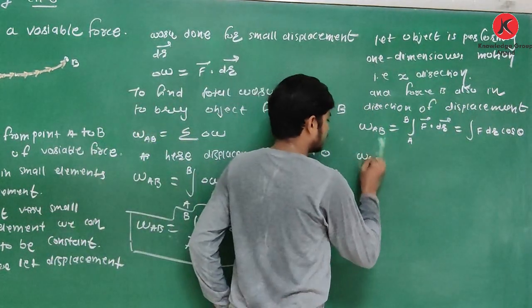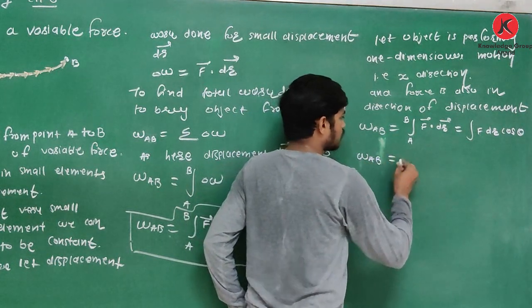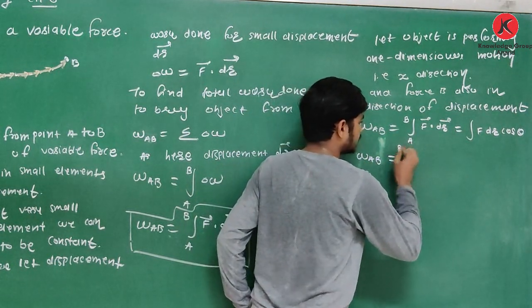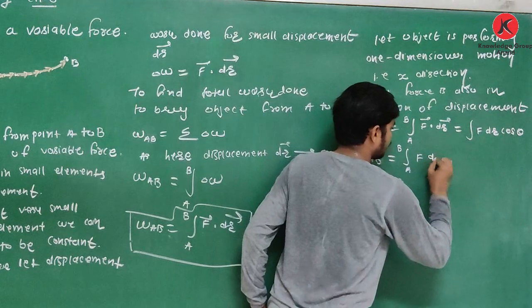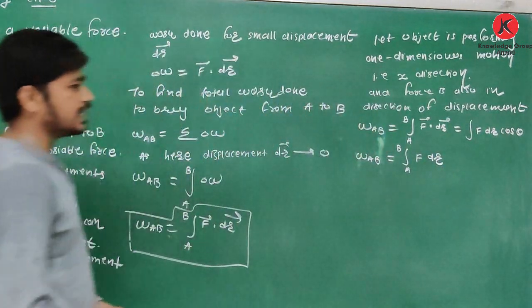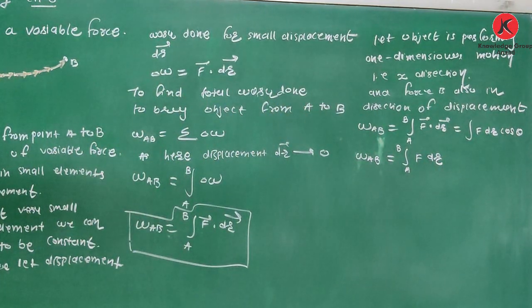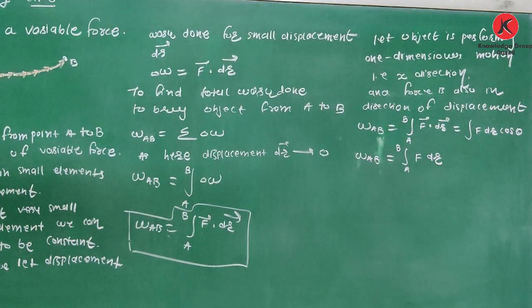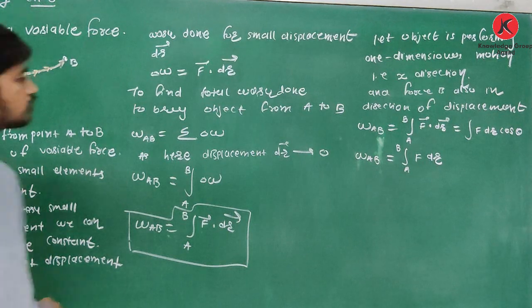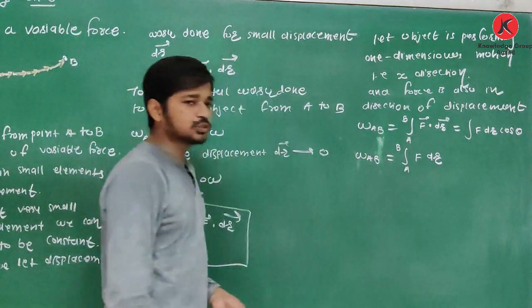So here W_AB is equal to the integration from A to B of F dr. And as the object is moving in one dimension, we can also write this equation in terms of x.